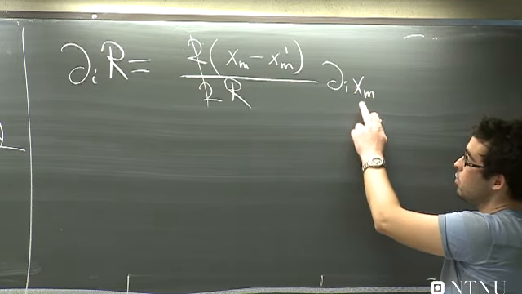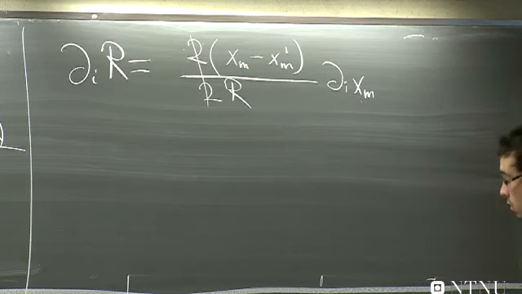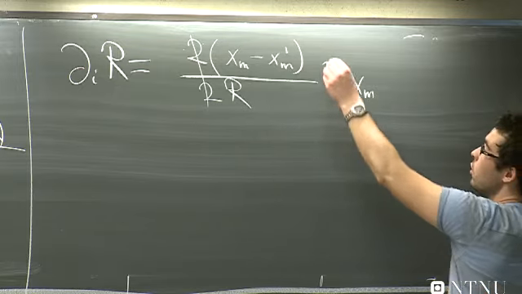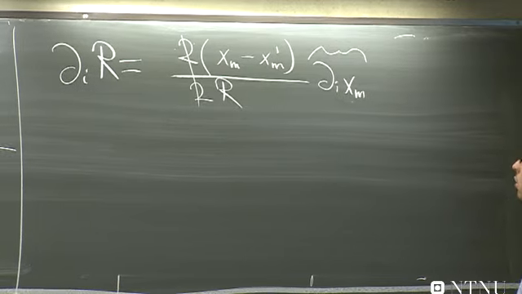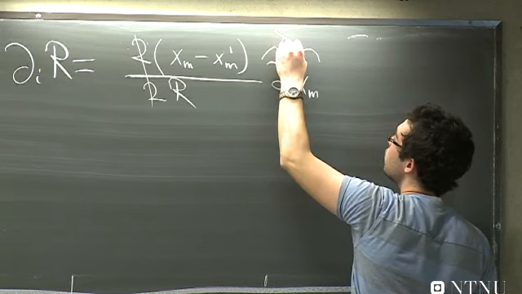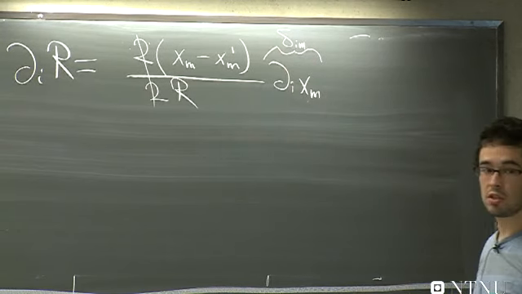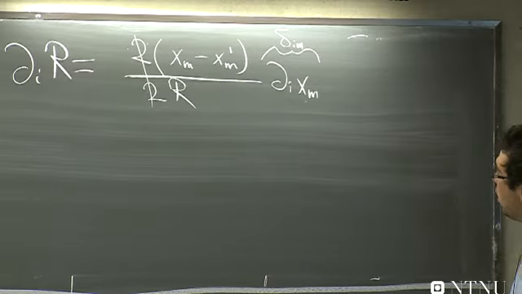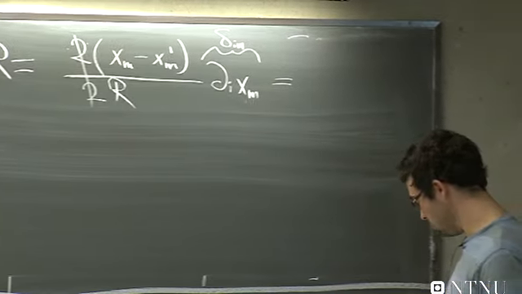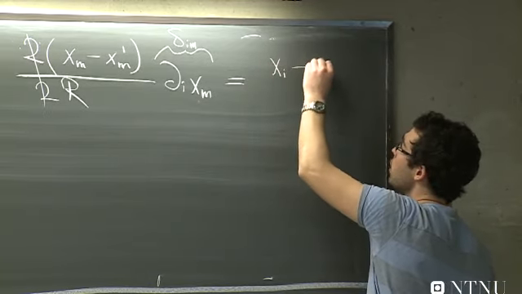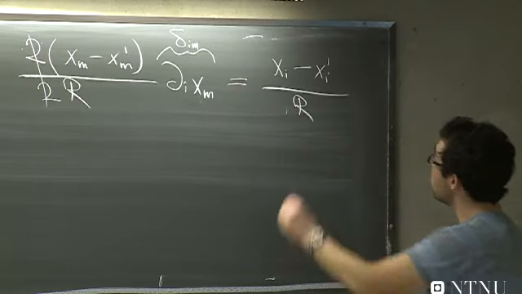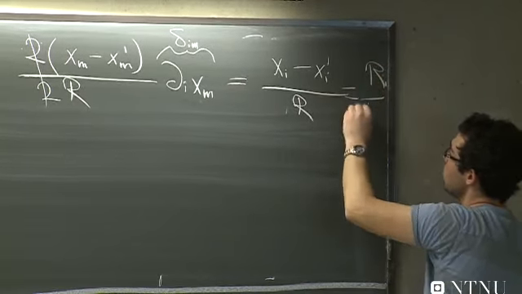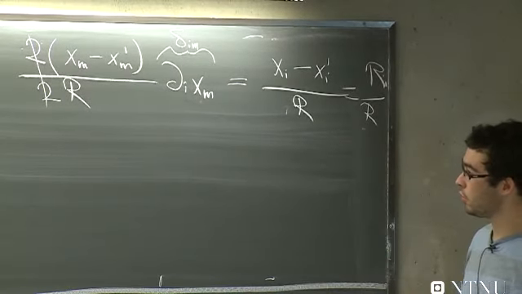I'm differentiating with respect to the unprimed coordinate system, right? But this is, of course, the Kronecker delta, because if I take the derivative with respect to x of y, well, then I get nothing. Otherwise, I get 1 if they are the same. So this is delta im. Okay, and that simply gives me xi minus xi prime over r, or ri, the ith component of the vector r over the length of vector r.